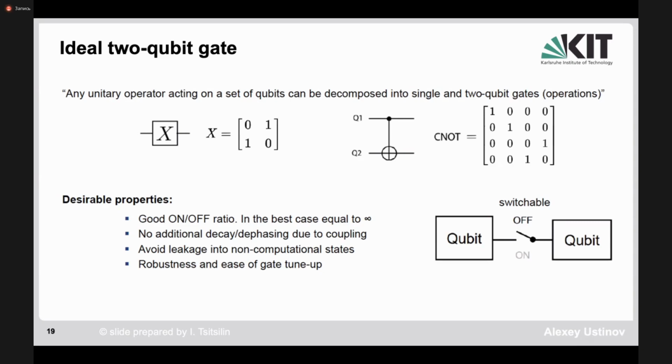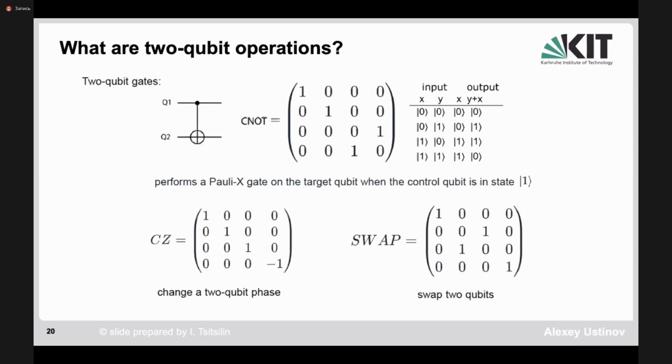You, of course, do not want to have any leakage into non-computational states. You want these gates to be as simple as possible and very, very robust. And satisfying these requirements is not easy at all. This makes the whole complication of qubit designs and practical gates when it goes to practical implementation of superconducting quantum computers.